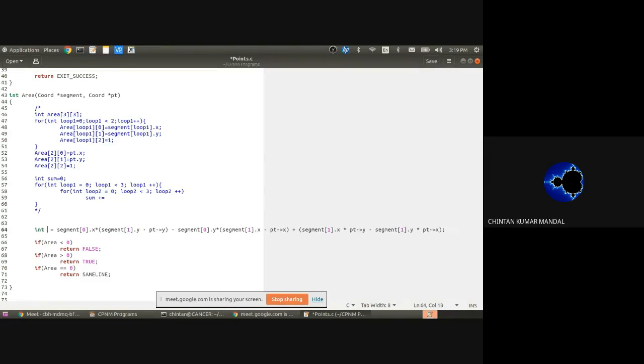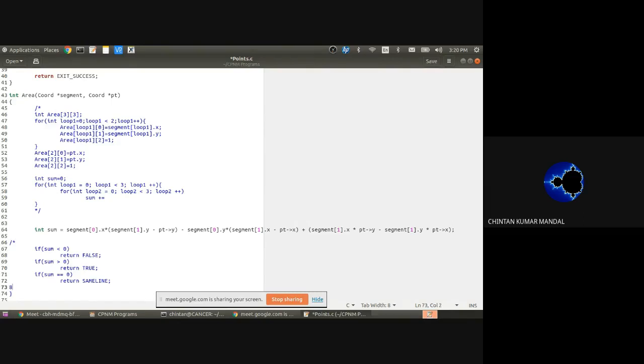So let's take this as a sum, right? So this is sum, just to make my condition a little bit clear. Sum. Okay, can you tell me how can you do this in one single line? Any idea?